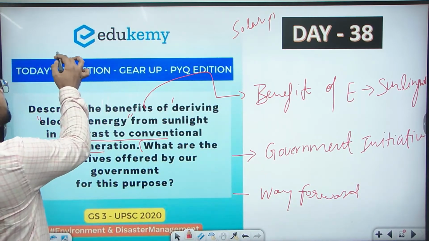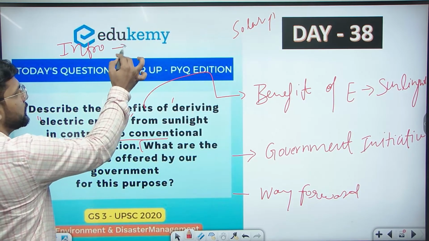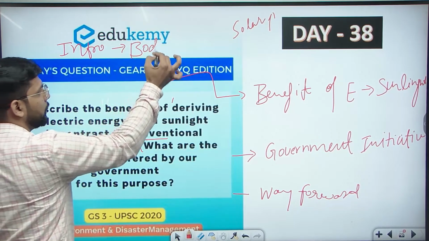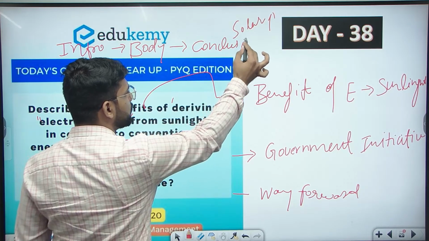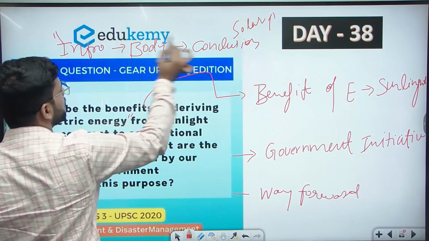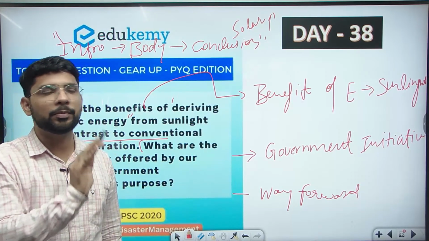We are dividing the question into three parts. One is the introduction, second is the body part, and third is the conclusion. This is the common division for each question, and specifically we need to see how to break the body part into multiple parts.